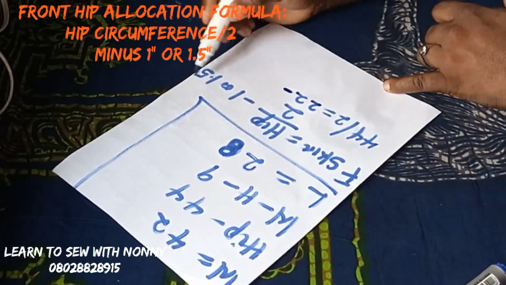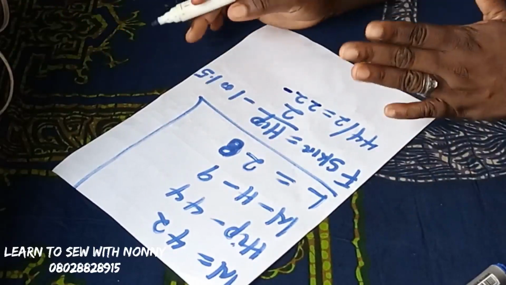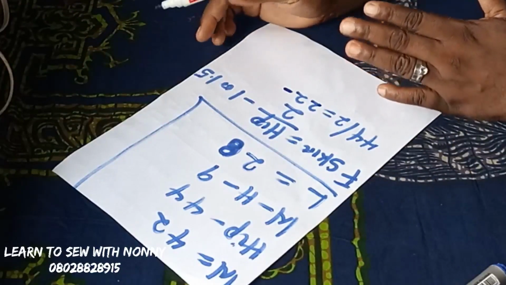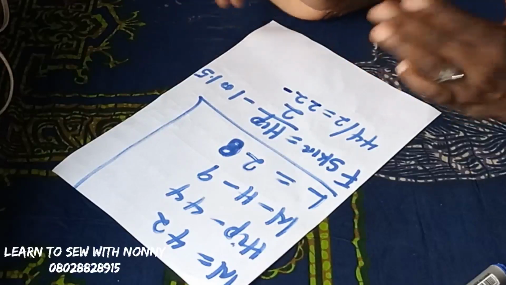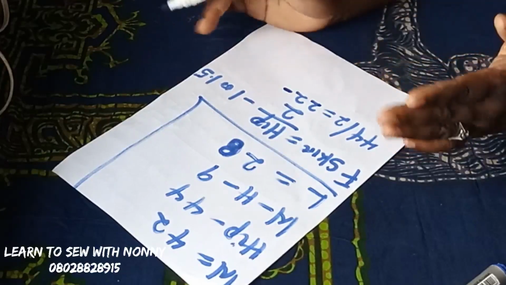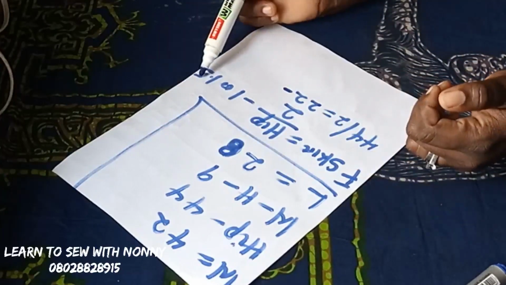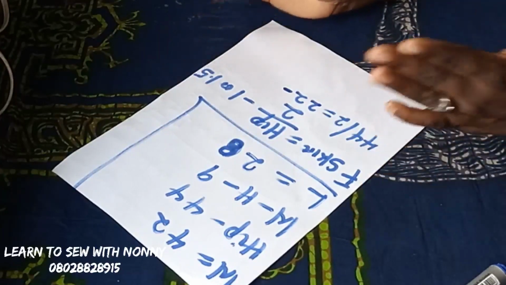You're going to use 1.5 if the difference between your waist and your hip is about 8 inches, 7 inches, 6 inches, when the hip is really bigger than the waist. But in my case, the difference between my waist and my hip is just 2 inches, so I can't use 1.5 because it will be too much.